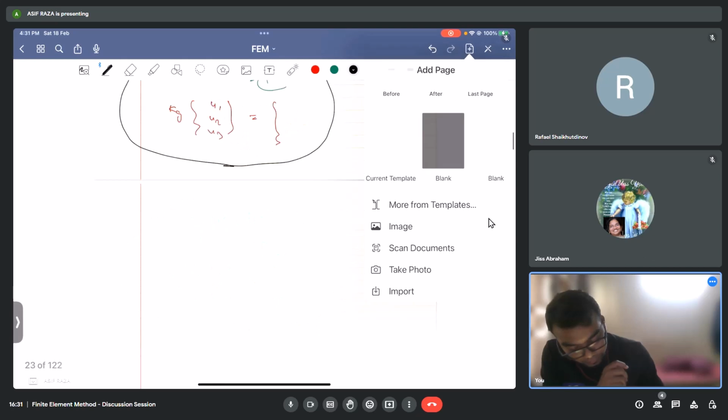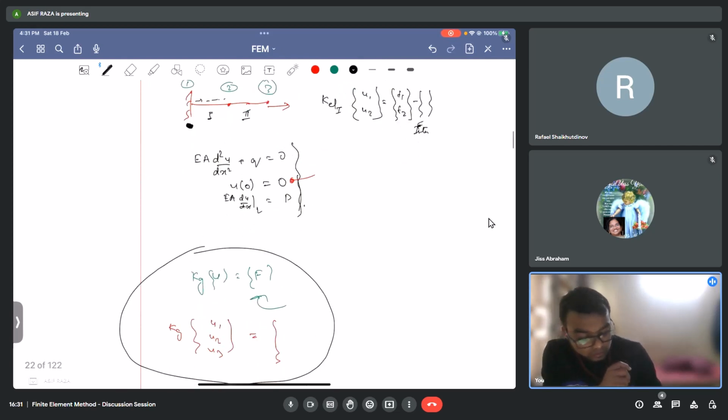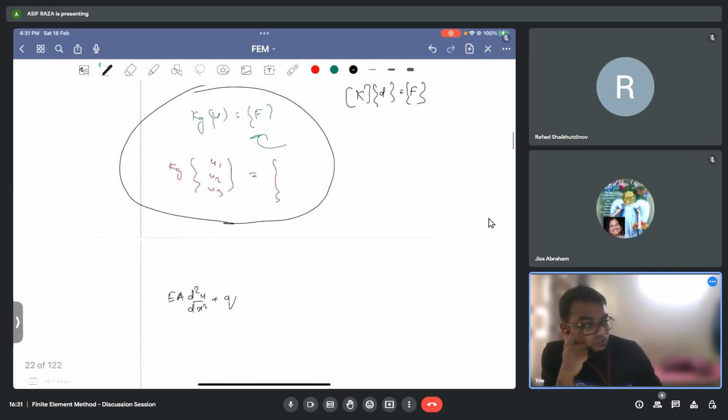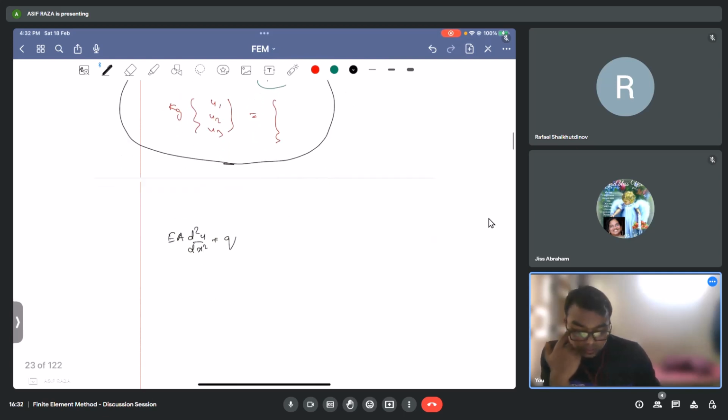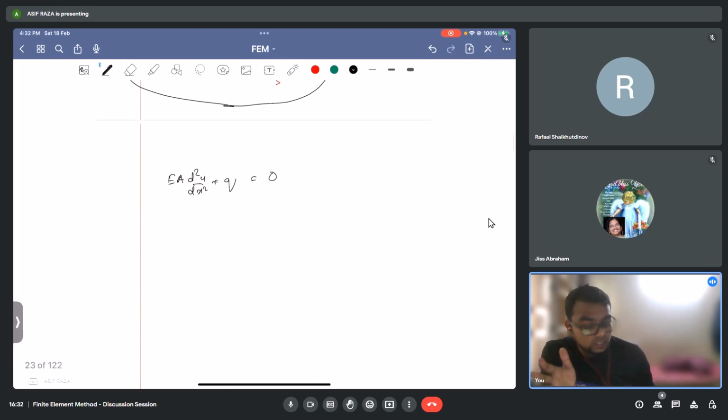How do we get this? Finally, we solve this algebraic equation, right? So how do we get that? First of all, we have this governing differential equation.